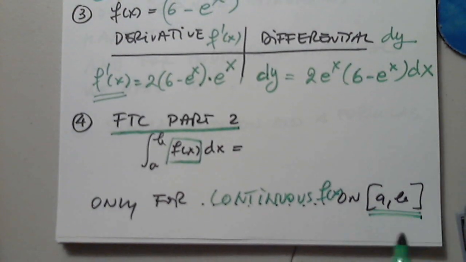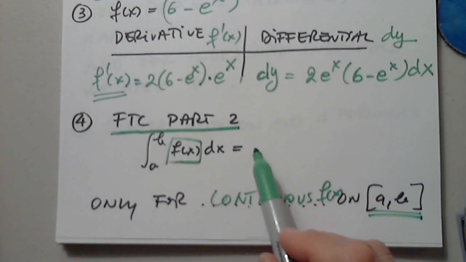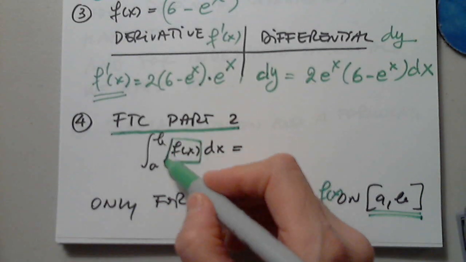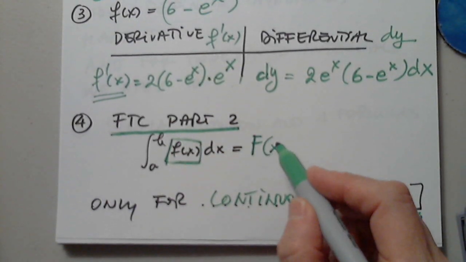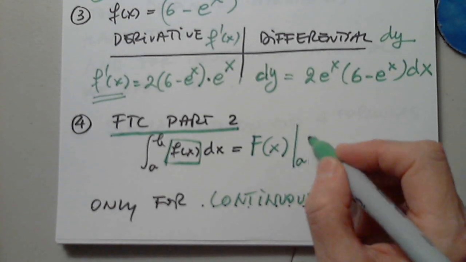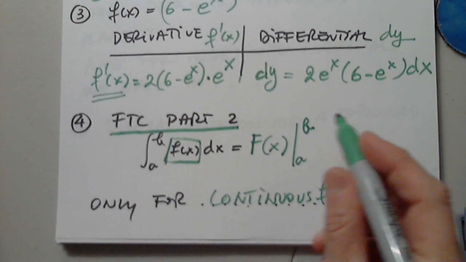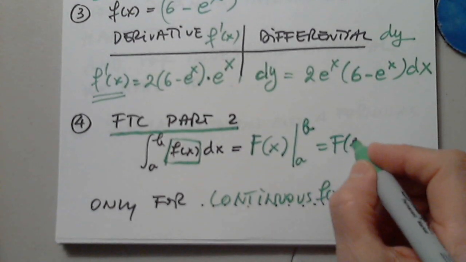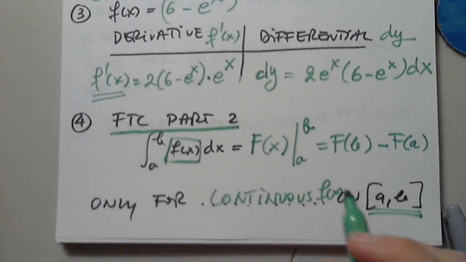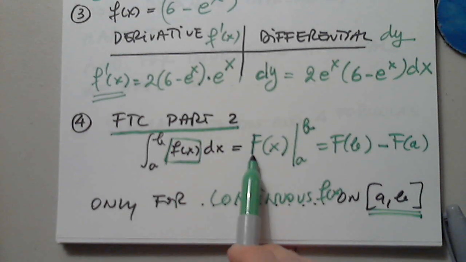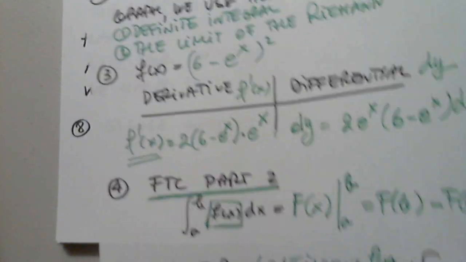And what is the answer? Uppercase F, from a to b: I plug in b, F of b minus F of a. If this is f of x, I have to use uppercase F of x.